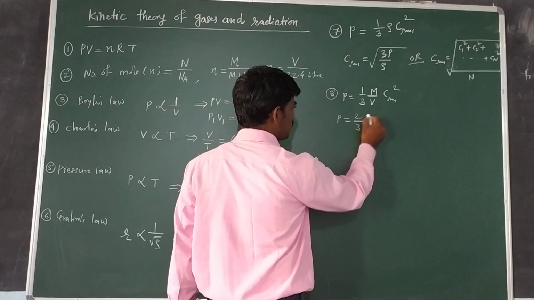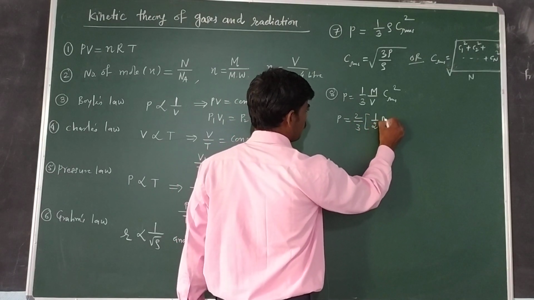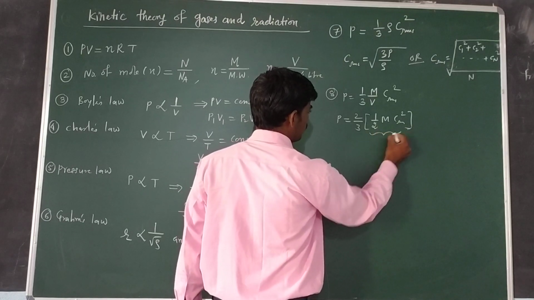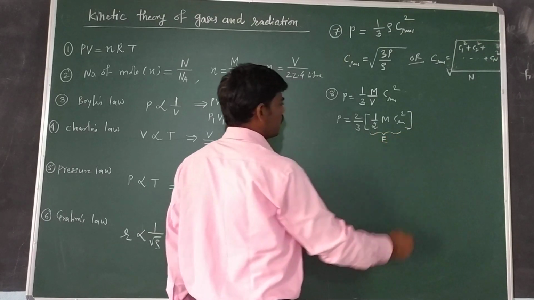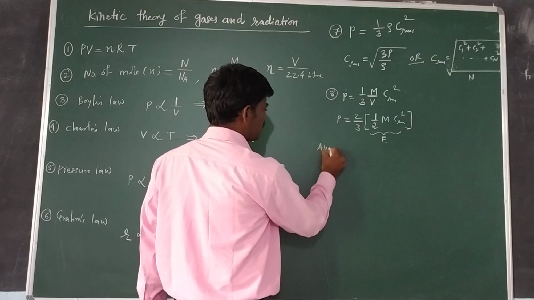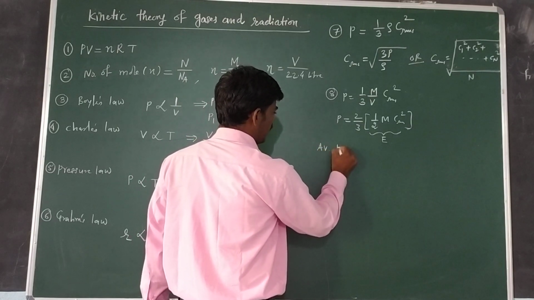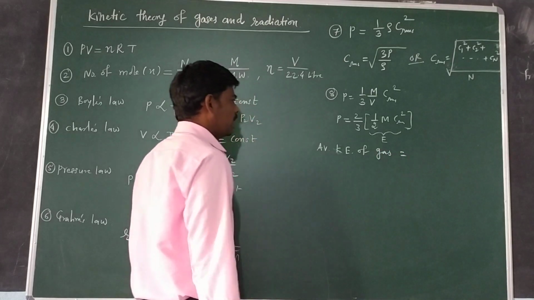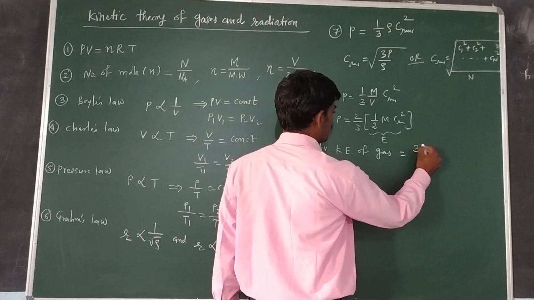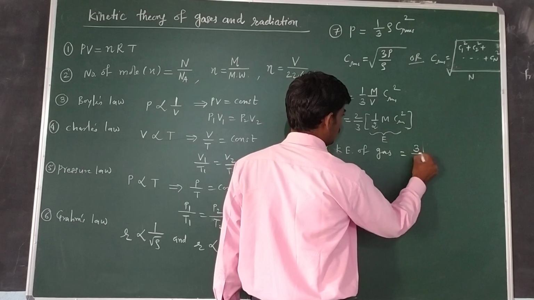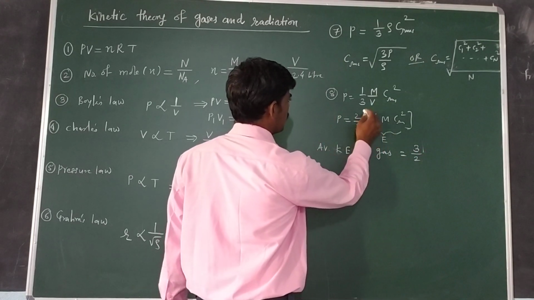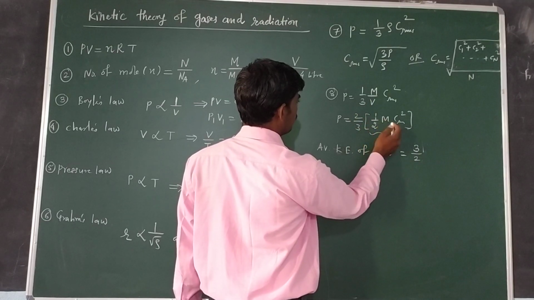That means 2 by 3, 1 by 2 m C_RMS square, and it is nothing but the average kinetic energy. So what will be the average kinetic energy of the gas? Sorry, here 2 by 3, 1 by 2 m.